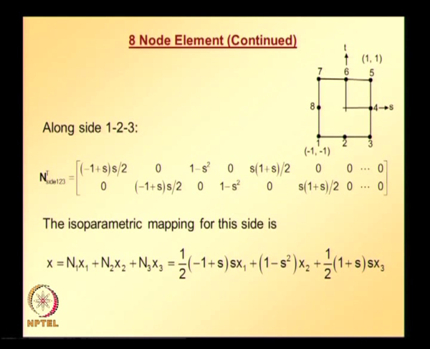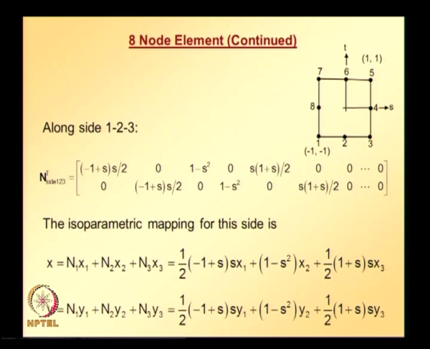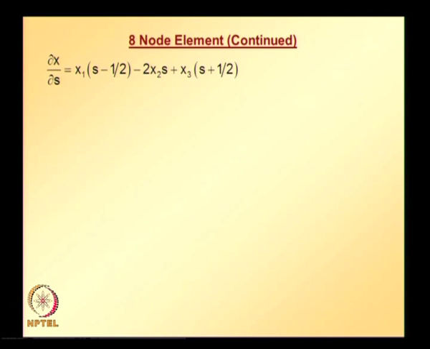Subsequently we can write the relationship between x and the local s coordinate, and y and the local s coordinate. Once we have these two relations, we can easily calculate the partial derivative of x with respect to s and the partial derivative of y with respect to s.